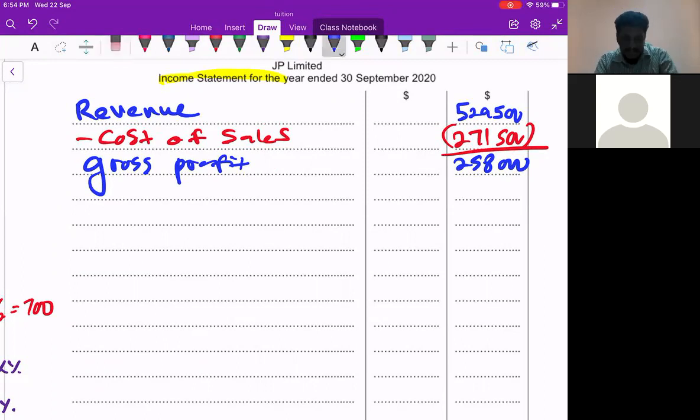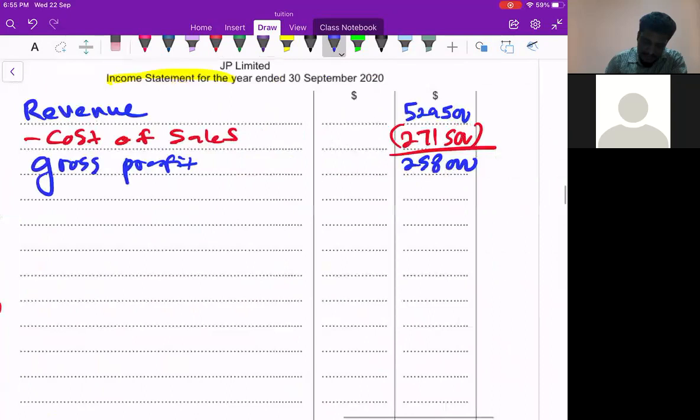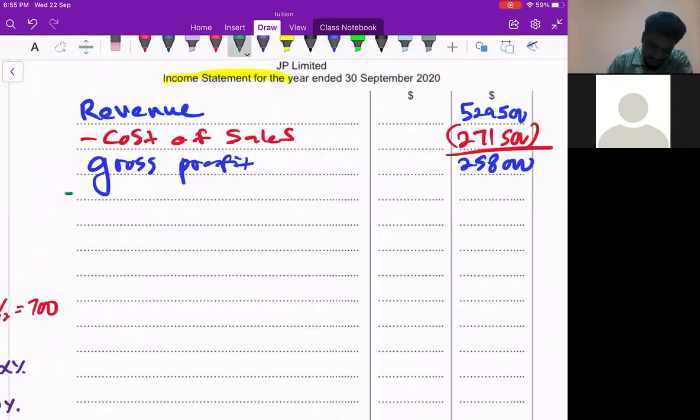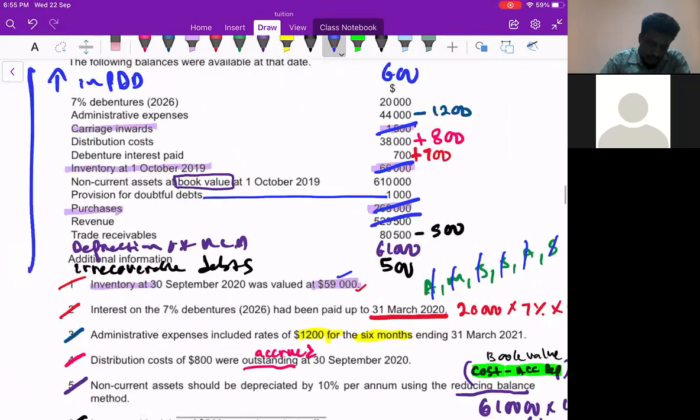Okay, now the gross profit will plus other income, but do you see any other income here? No, I didn't see any other income here. So minus other expenses. What are the expenses that we have? Always go from top to bottom, then only you don't miss out anything.